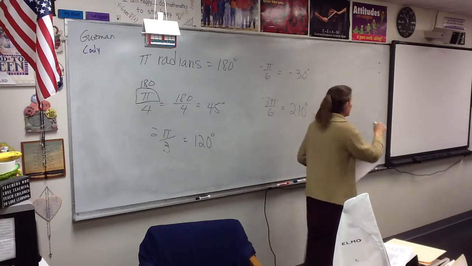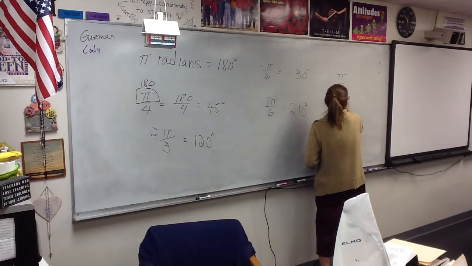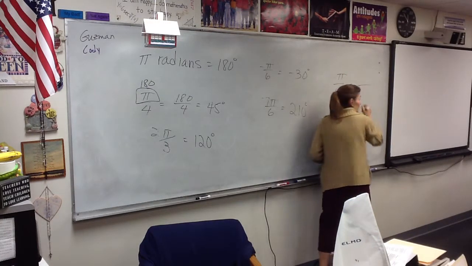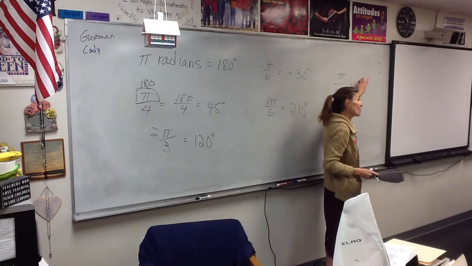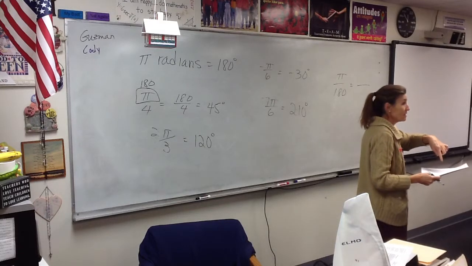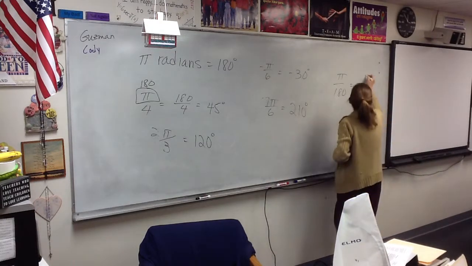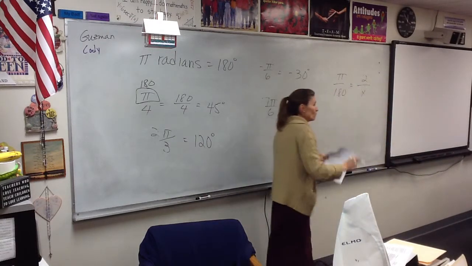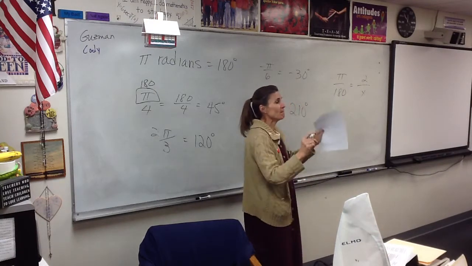So here we go. Pi is 180. Now, any guesses what that fraction's going to be? Now remember, that's 2 radians. It's going to be 2 over x. Perfect, perfect. You are making my day.